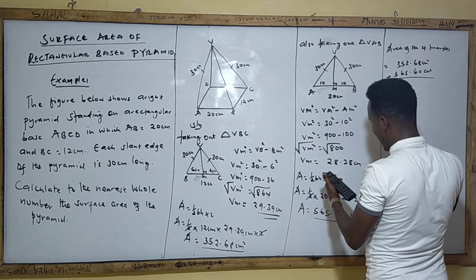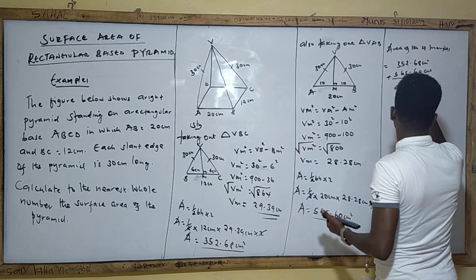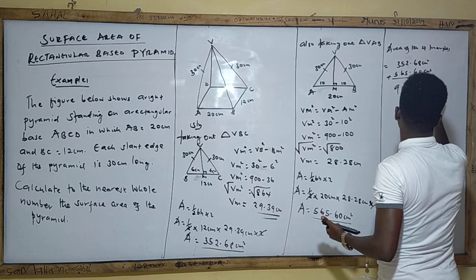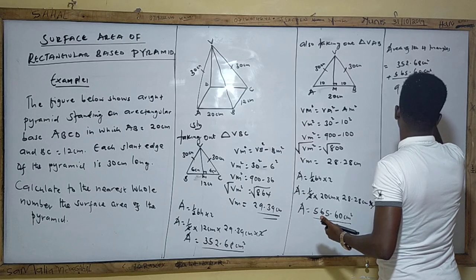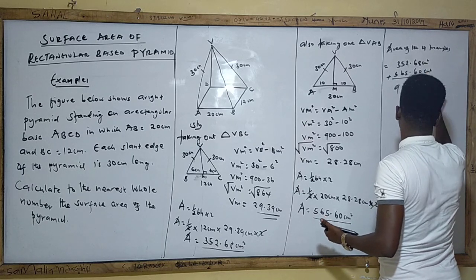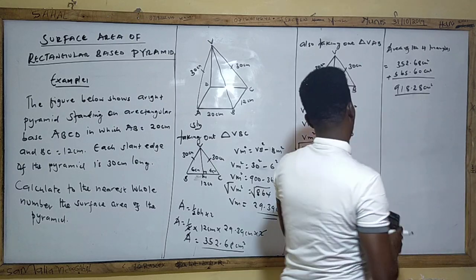So that will give me 918.28 centimeter square. So this is my area for your information, guys. This is the area of the four triangles.